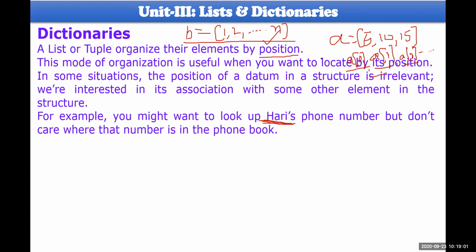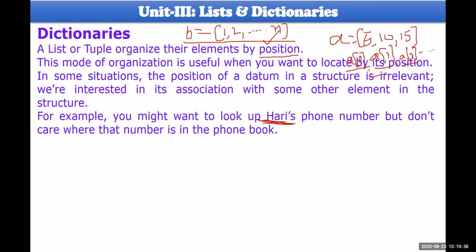Similarly, if you are looking for one particular word in an actual dictionary, the Oxford dictionary or Webster dictionary, let me consider you want to identify the meaning of the word "was". You are not supposed to look for that word in the first page. You directly go to W and thereby you can look for "was".